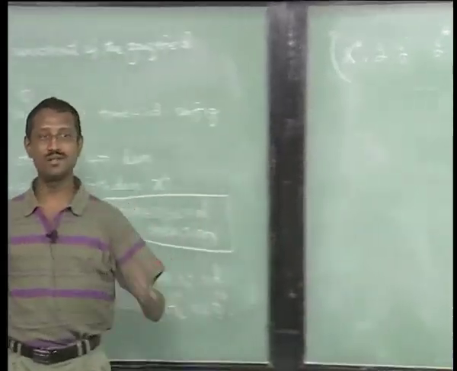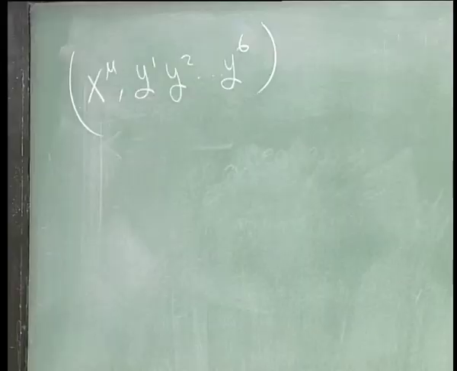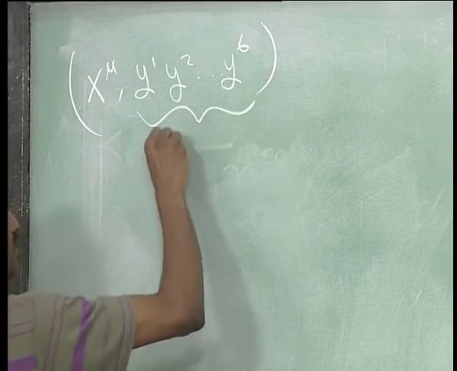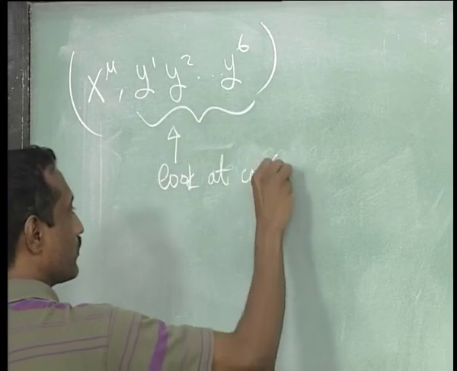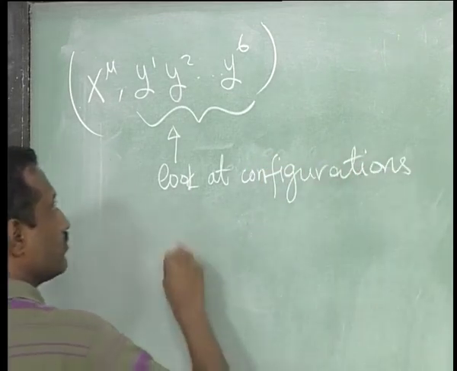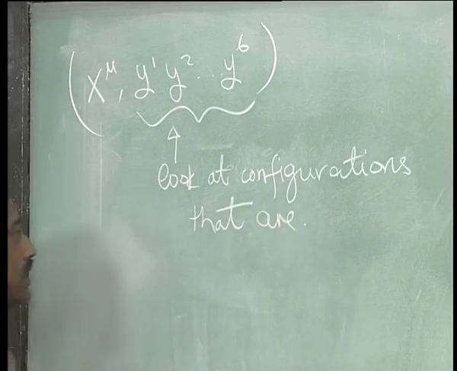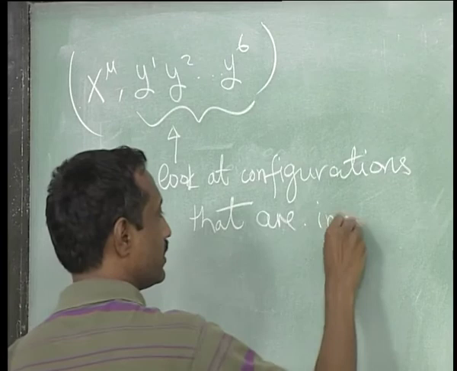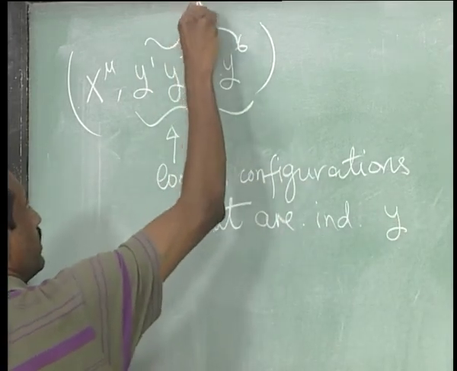So this is our normal spacetime coordinates, and we will choose 6 such guys, and again look at configurations that are independent of y. Let us call these combined things y capital A.